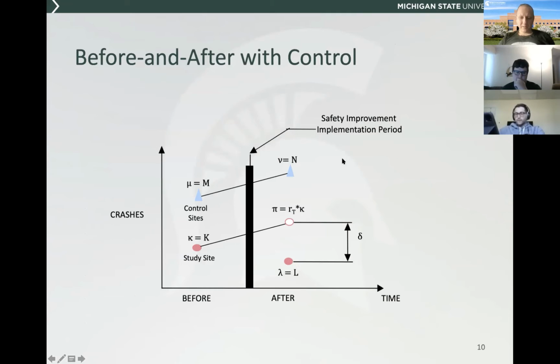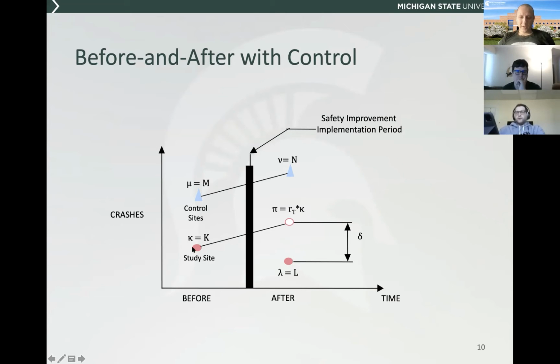And so just kind of looking at that schematically there. So in this case, in a simple before and after design, we'd just be taking the difference. If we were to project this straight over, we'd be taking this difference as a measure of the effectiveness. Now, in this case, and this could be due to increases in traffic volume or any number of other things, we see that crashes are generally increasing between those before and after periods.